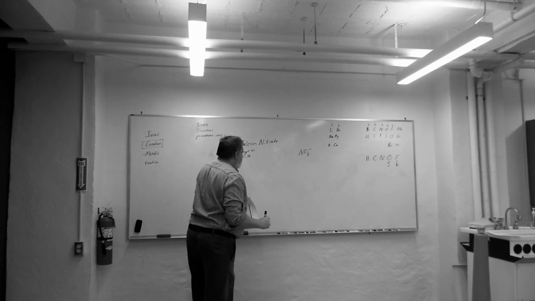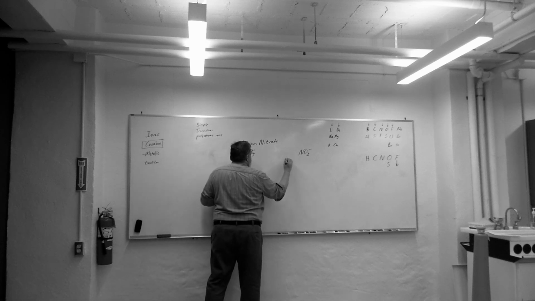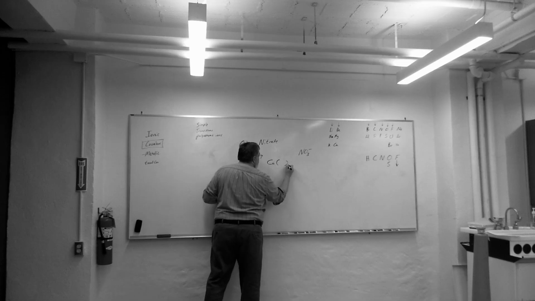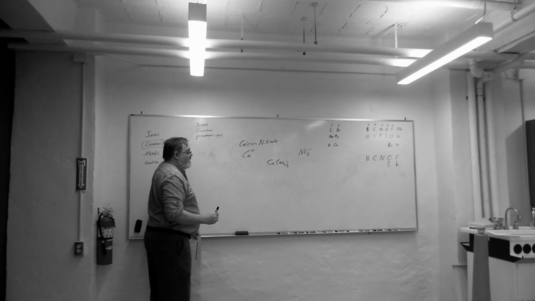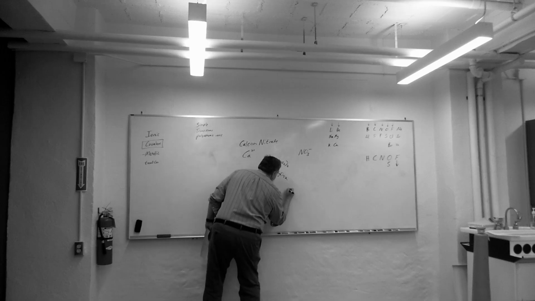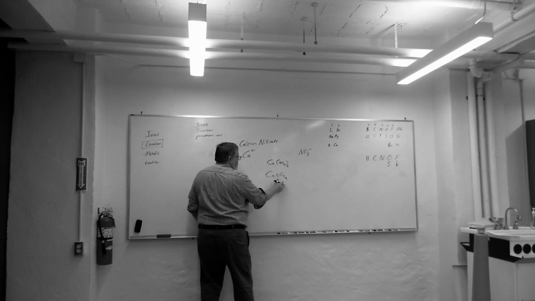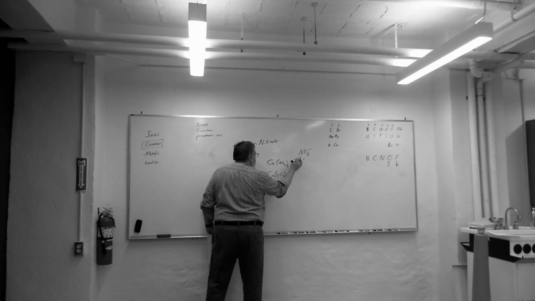So now you're going to make a formula out of it. So I need 1 of these and 2 of these. What you do here is you use parentheses, so I can put a 2 there. If I tried to do it without the parentheses, I'd have CaNO3 and then I'd have to put a 2 like that, and it's really confusing and weird. That's why we use the parentheses to indicate I have 2 of these.